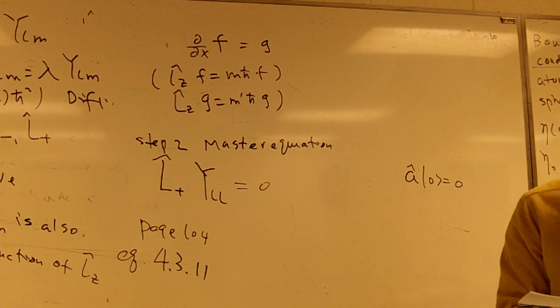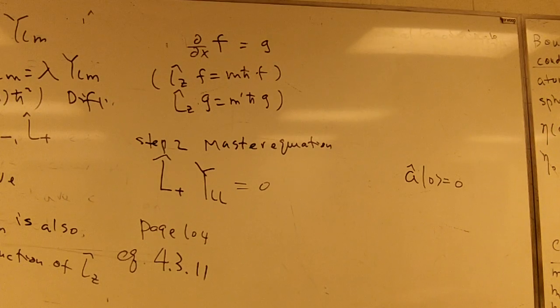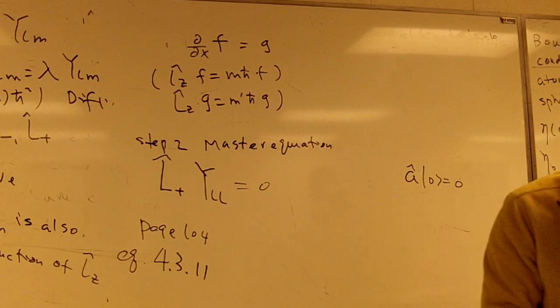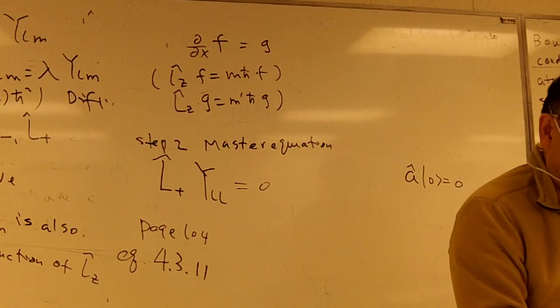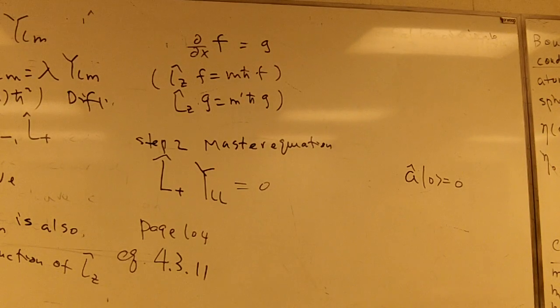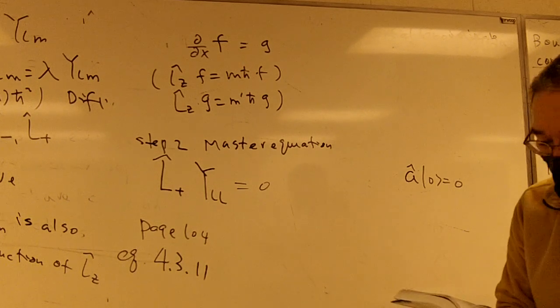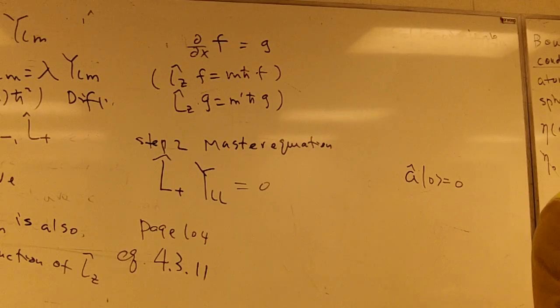Toby, why don't you read the equation, starting with "we apply," the second paragraph on page 105? We apply Lz on L plus YLM to obtain that equation, where we have used the commutator Lz, L plus equals H bar L plus, and Lz YLM equals M H bar YLM.